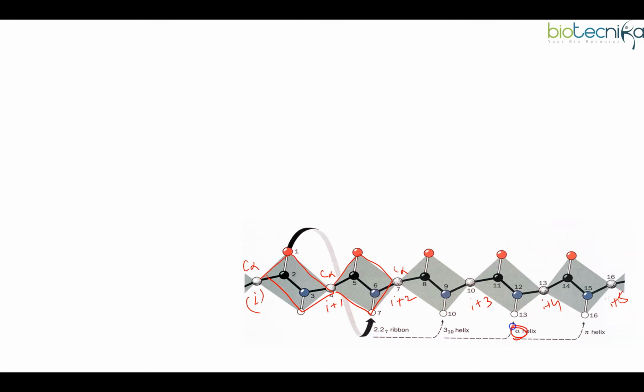So when we have an alpha helix, I have told you the I plus 4 NH group. So this is the I plus 4, so the NH group will be this one, right? And this is the ith residue, so the CO group will be this one. As you can see, there is a hydrogen bond connecting CO of the ith residue to NH of the I plus 4 residue, right? Now just look at the backbone of this hydrogen bond.